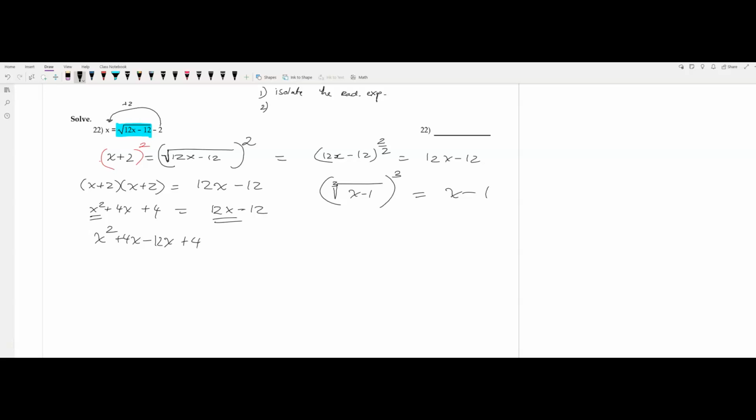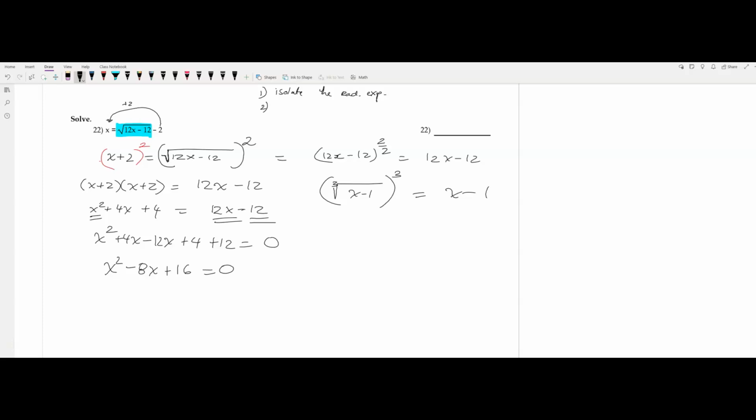Plus 4. And I'm going to move the negative 12 to the left side. It becomes positive 12. And then equal to 0. Let me combine like terms. And I have x squared minus 8x plus 16 equal to 0.